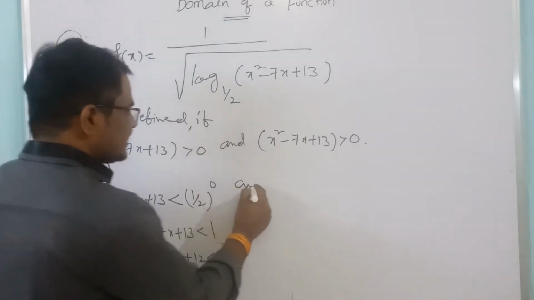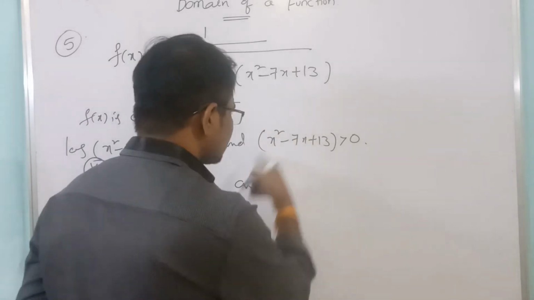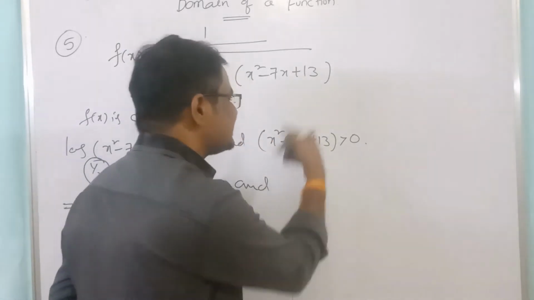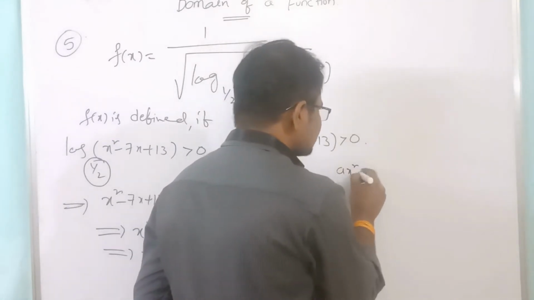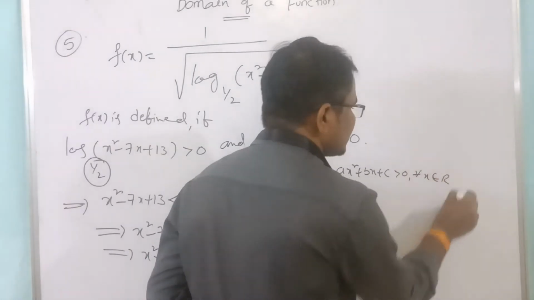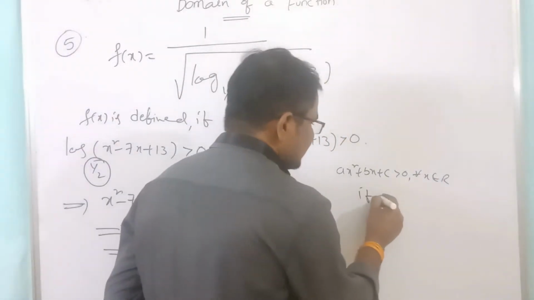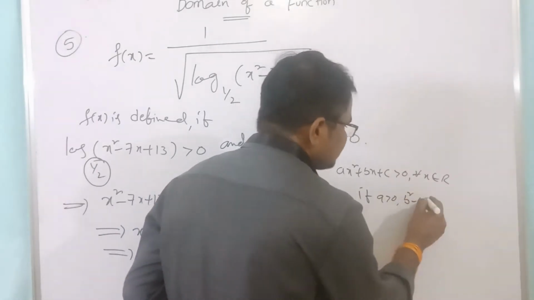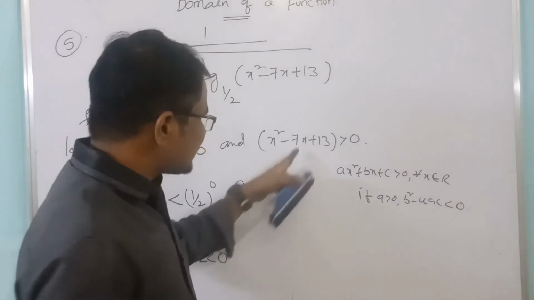Now take the second condition. What is the condition when it is greater than 0? We know that ax square plus bx plus c greater than 0 for all x belongs to real numbers if a greater than 0 and discriminant b square minus 4ac less than 0. Is it satisfying this condition?